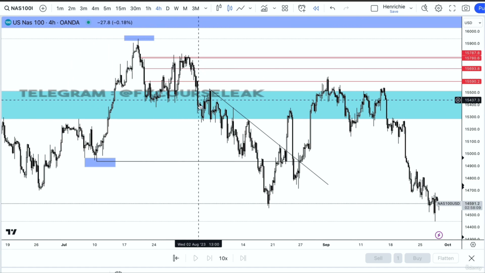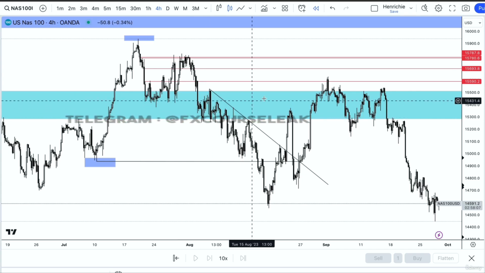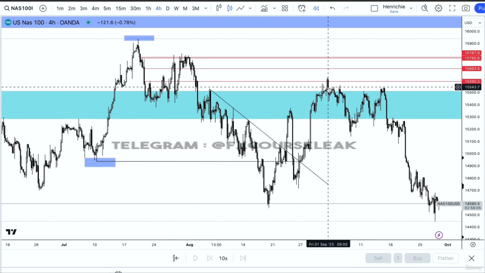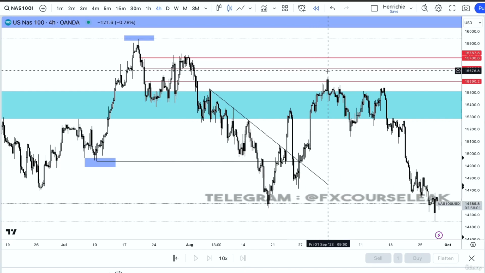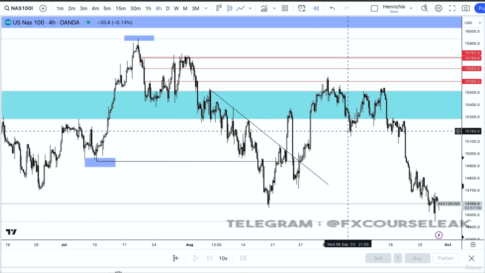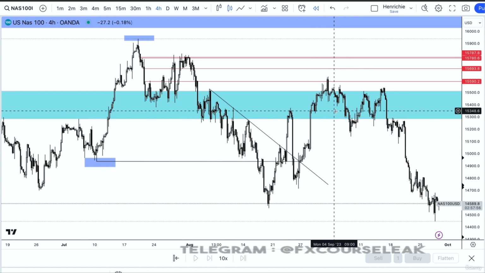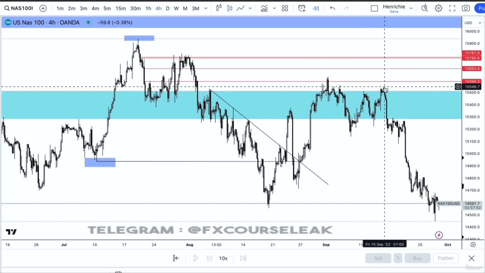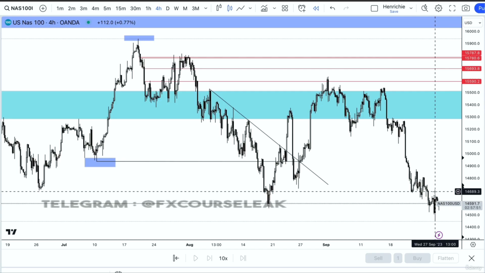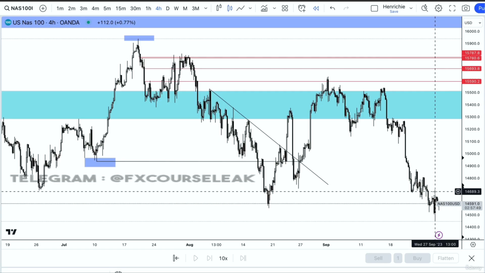Intentionally violated it to make you see it as an invalid point of interest. And you can see how we came back right into it, rejected from it, broke structure on the smaller time frame, came back here, grabbed liquidity, and continued to the downside. You can see that clear as day.